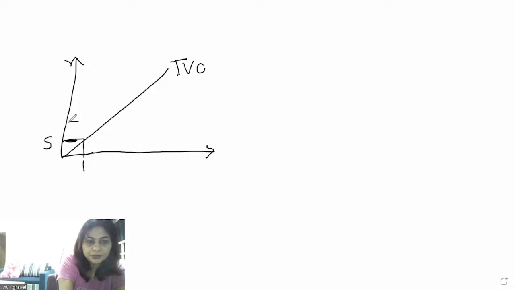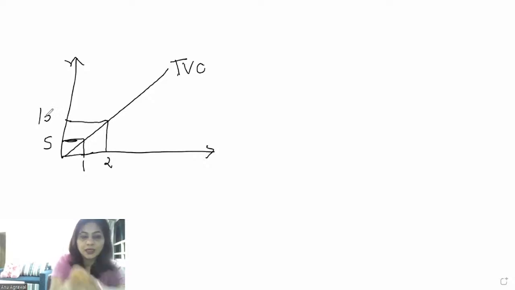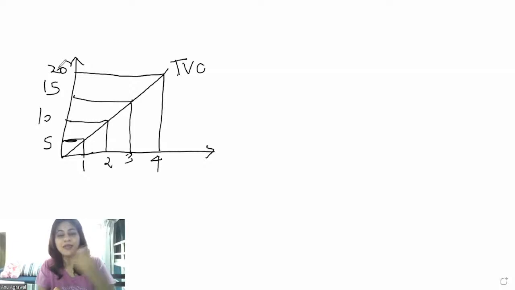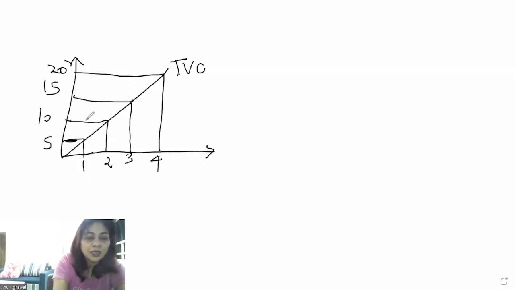Now, if I produce 2 units, this is 10. If I produce 3 units, and if I produce 4 units, this is going to be 20. So we'll actually look at it.